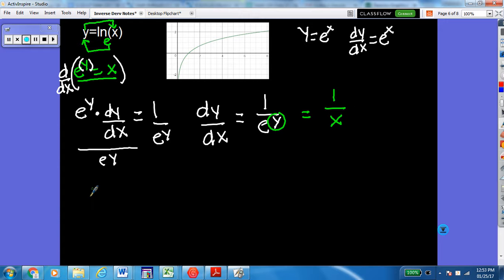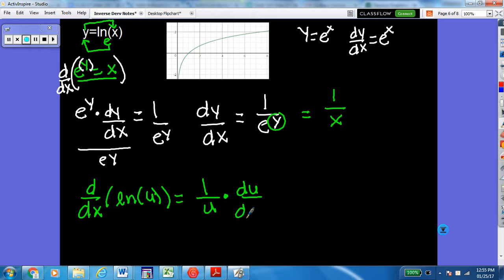So in general, the derivative of the natural log of anything in terms of x will be 1 over that stuff that's inside of the natural log times the derivative of that stuff that's inside.